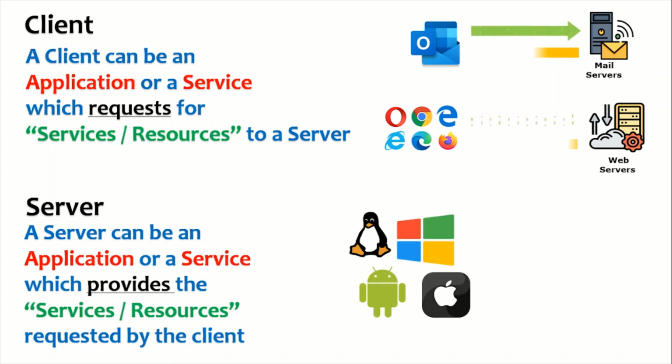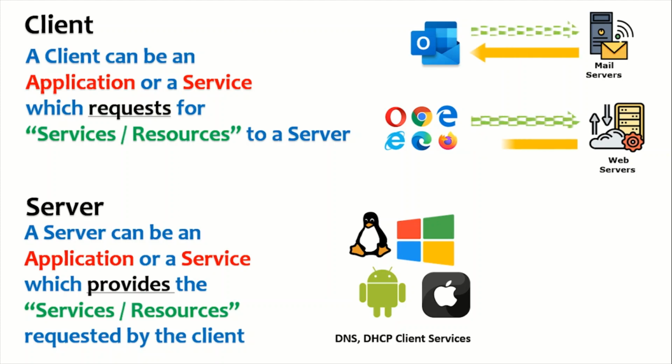Now we have so many operating systems, say Linux, Windows, Android, Mac, iOS, and we have some services on them. Let's say DNS client service and DHCP client service. These services have their own specific servers. So we have DNS servers and DHCP servers.